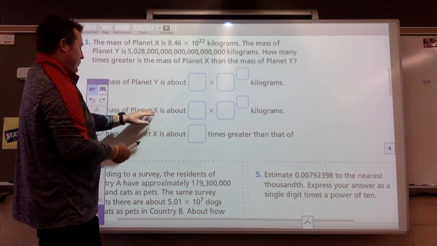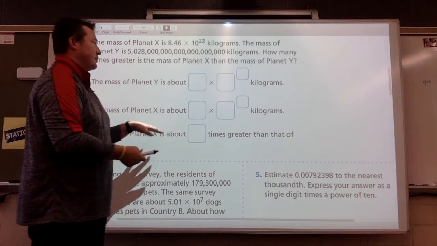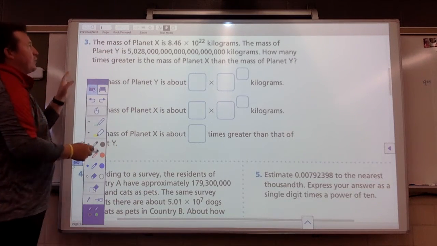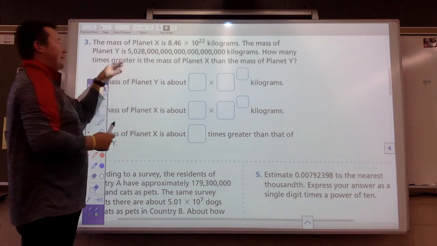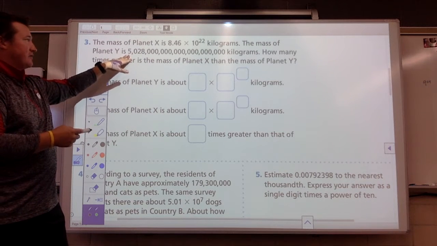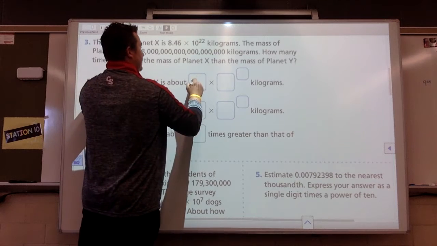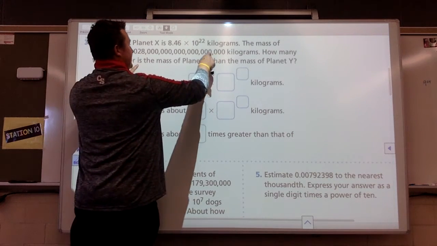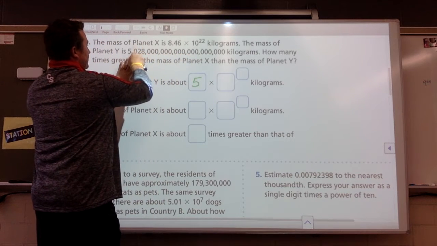So we got planet Y, planet X. Planet X is about this many times greater than planet Y. The mass of planet Y is right here. How many times greater is that? We have to write this with a single digit times a power of 10. So this would be 5 times 10 to the, let's see, 3, 6, 9, 12, 15, 18, 20, 21, 22.